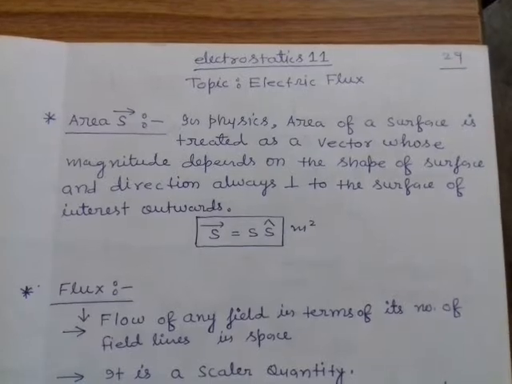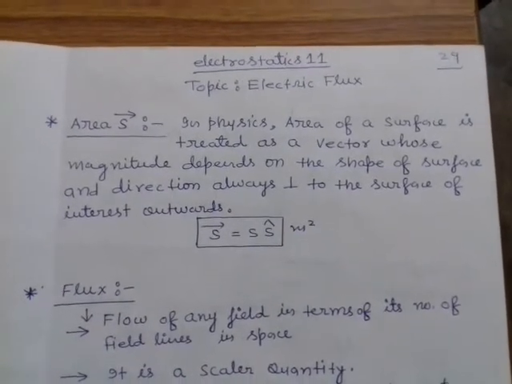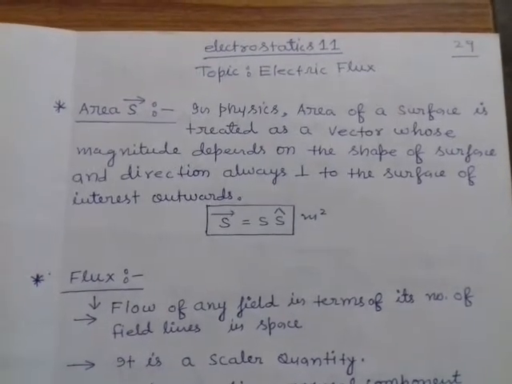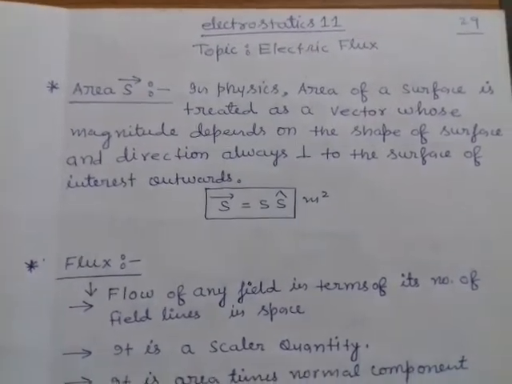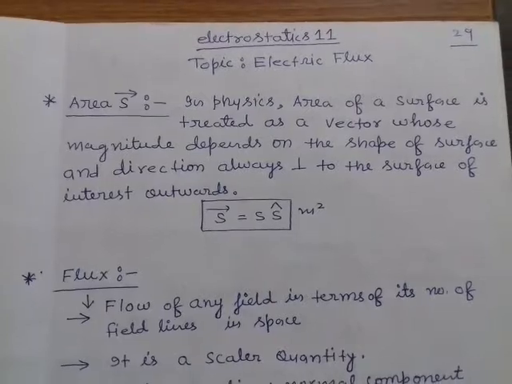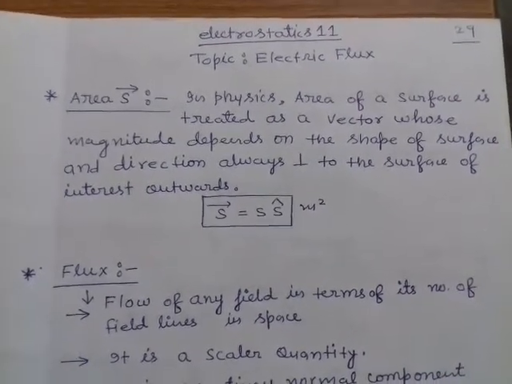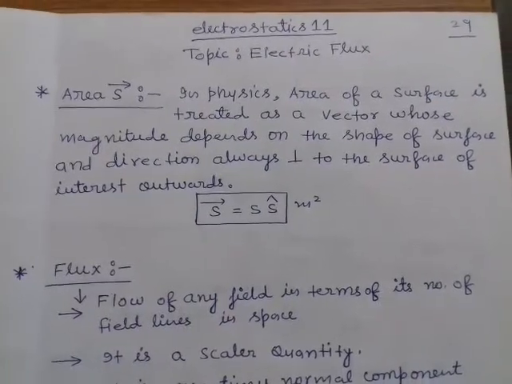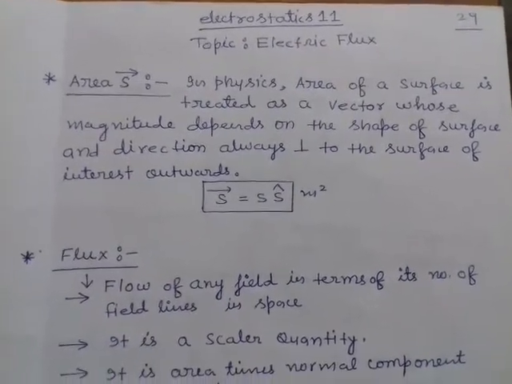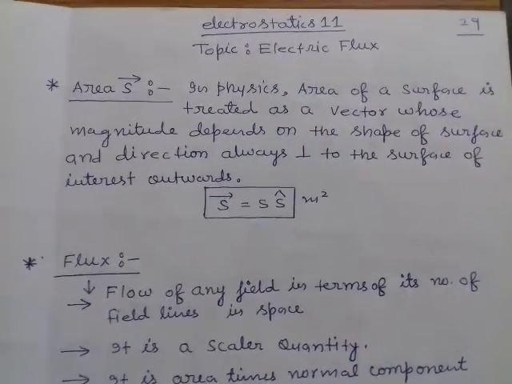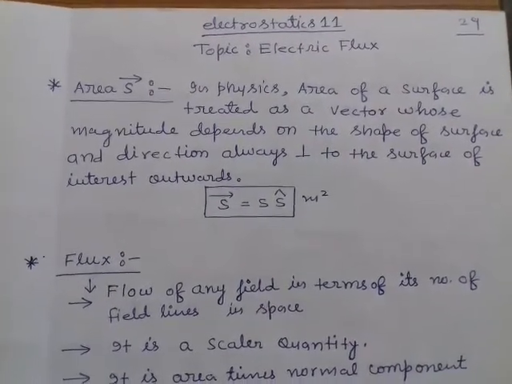Before going into the details of electric flux, we will study area denoted by vector S. In physics, area of a surface is treated as a vector whose magnitude depends on the shape of the surface and direction is always perpendicular to the surface of interest, outwards.